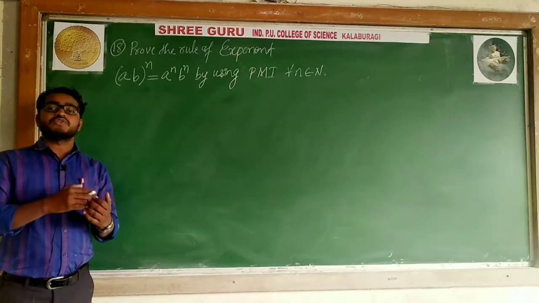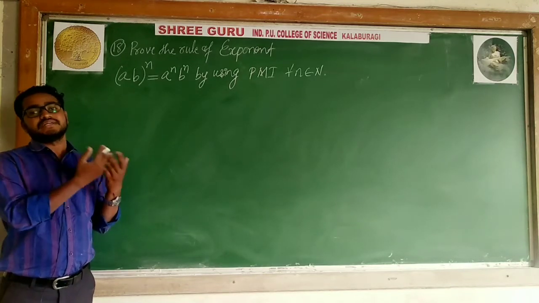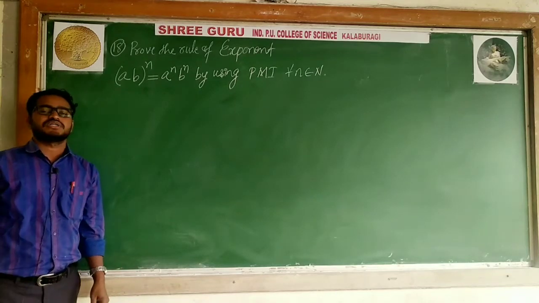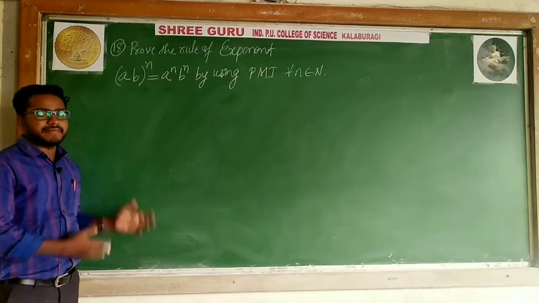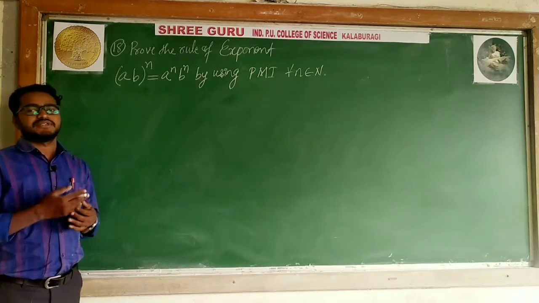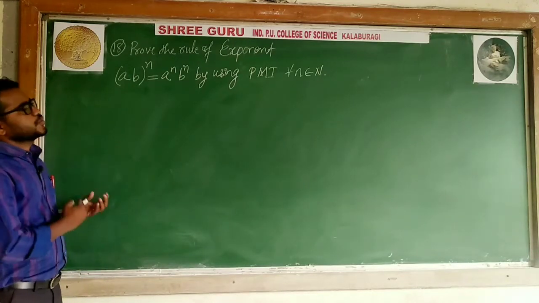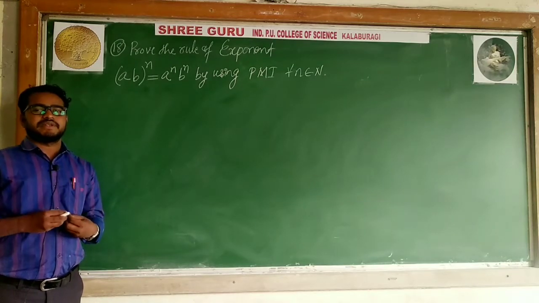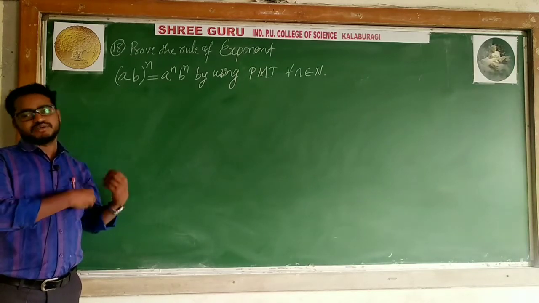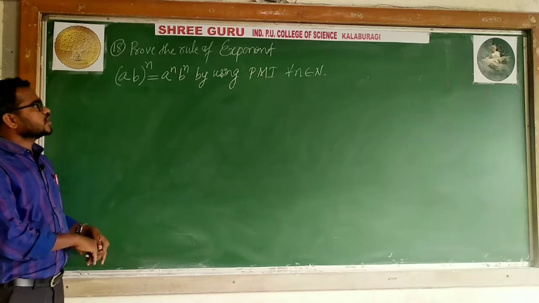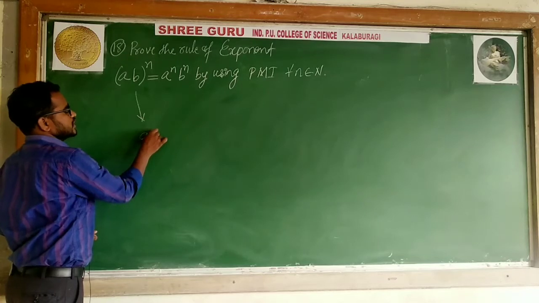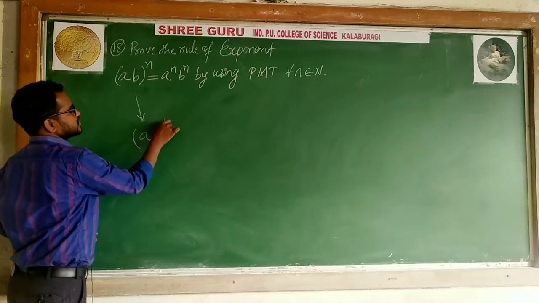In the previous 15 problems we were adding one term to both LHS and RHS. But here it is not necessary because it is not a sum of terms, it is not a product of terms, it is in exponent form. In the case of exponent form, you only take n is k plus 1, take LHS, prove RHS. Means in step 3 we have to prove AB whole to the power k plus 1.